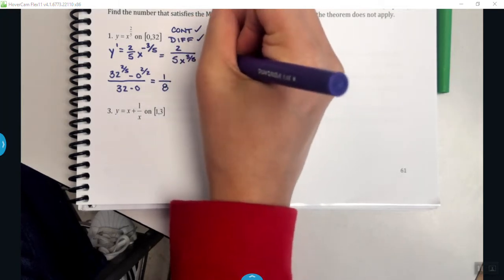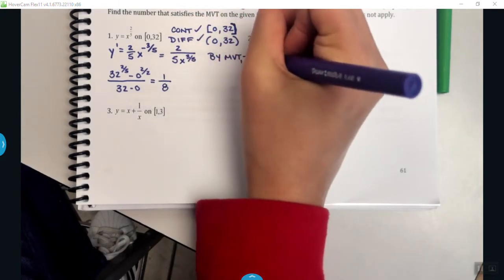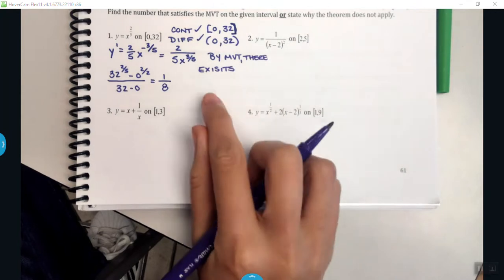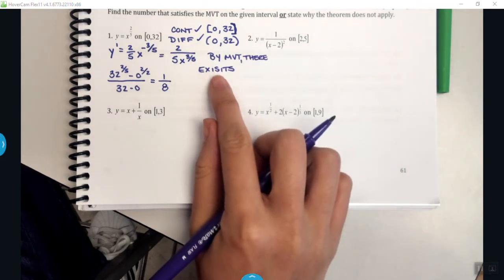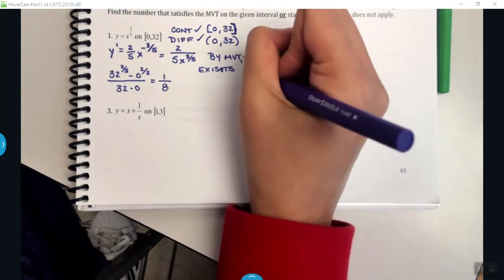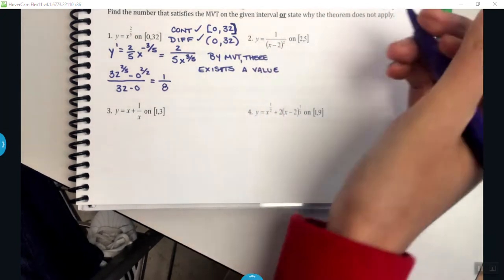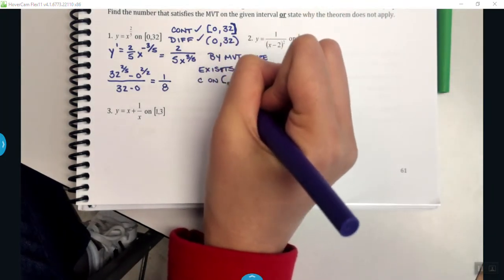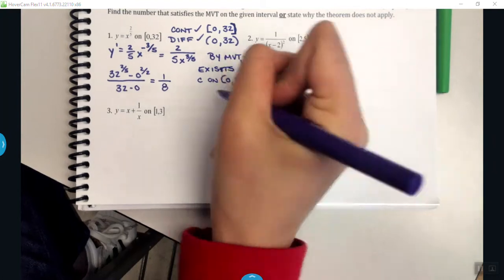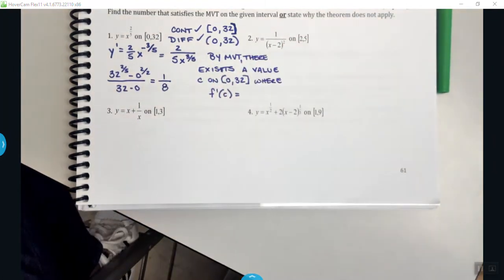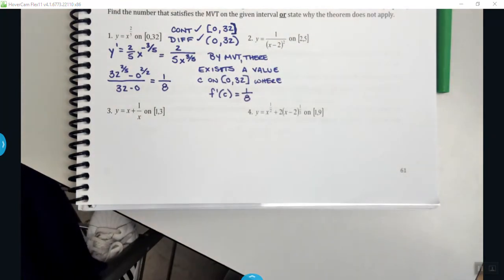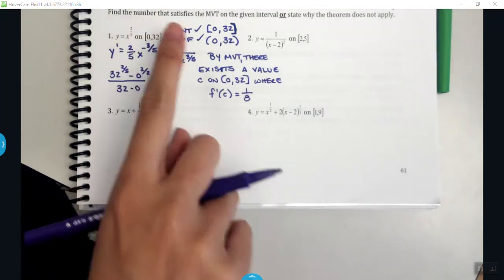We would say by MVT there exists a value c on the interval 0 to 32 where f prime of c equals what value? 1/8.